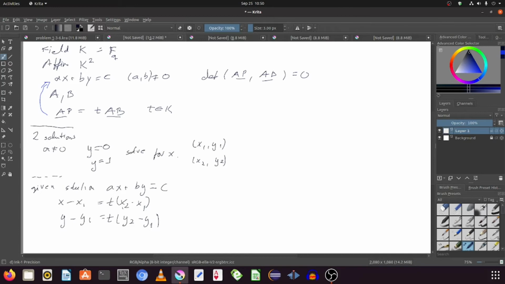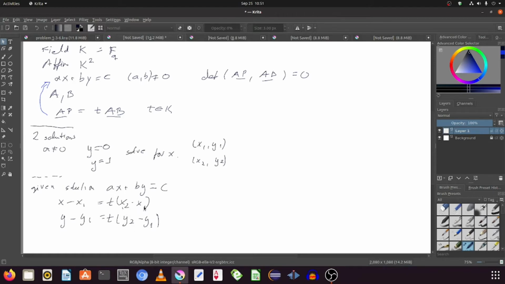Now, these 2 points are distinct. In this case, it's the x values that are distinct, but when we go up here, we should have two. When we take the parameterization, we should have 2 distinct points, A and B. So either this is non-vanishing or this.